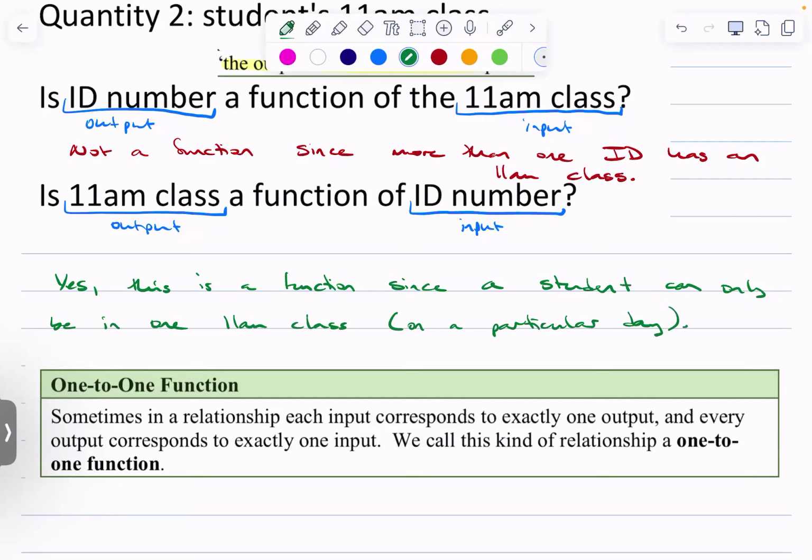Would that be true for students who don't have 11 a.m. classes, because there's presumably multiple inputs that are going to lead to that zero value? I guess that would be another assumption that we're making, is that they have an 11 a.m. class. Yeah, you're right. If they didn't have a class at that time, they would all map to nothing. It's another assumption I think we're making.